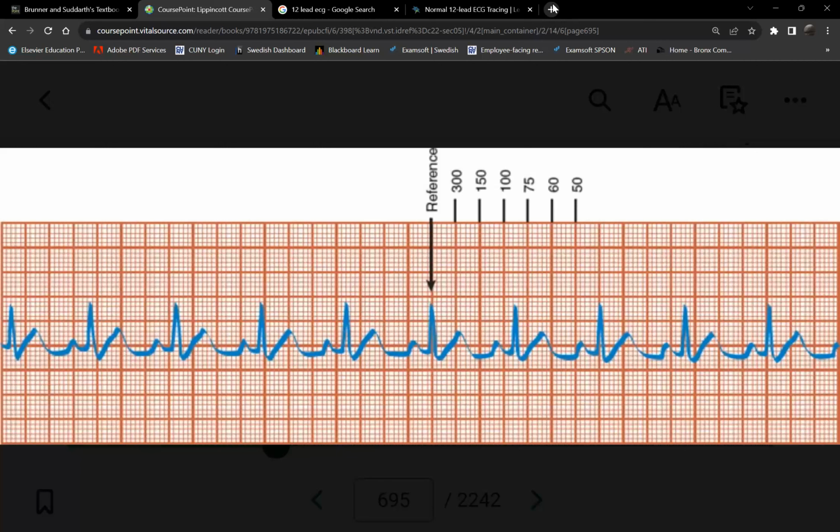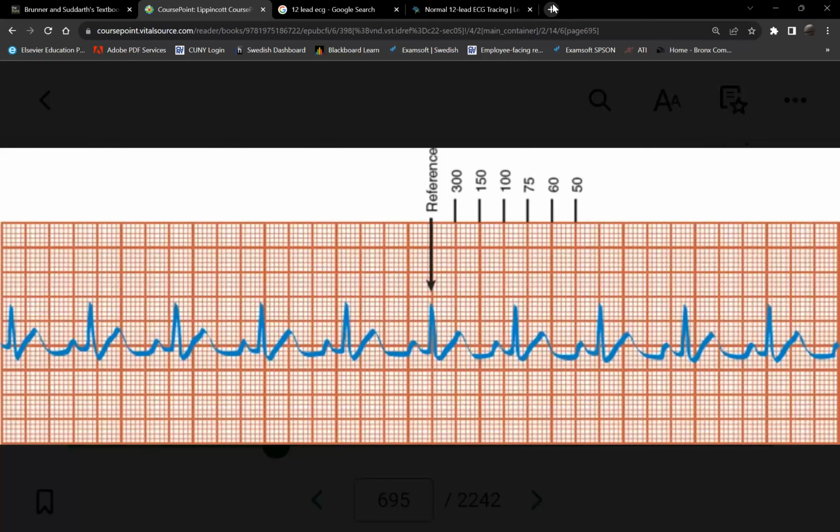No. If you move it to the straight line, it's about 3.5, correct? So how many big boxes in 1 minute? 300. Divide that into 300. What you got? 85.